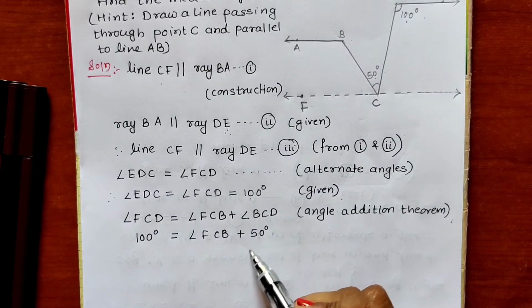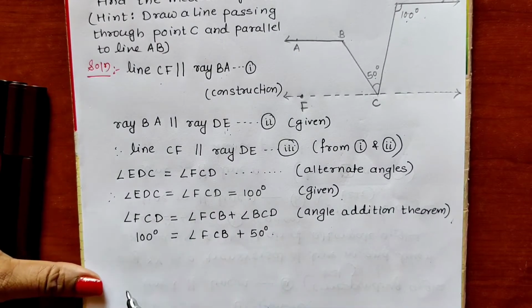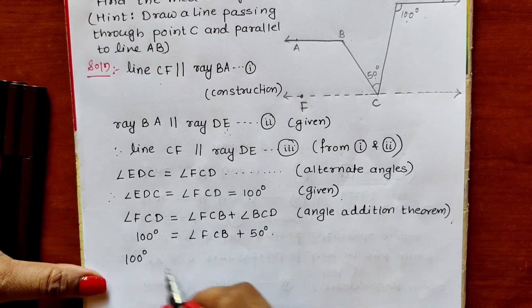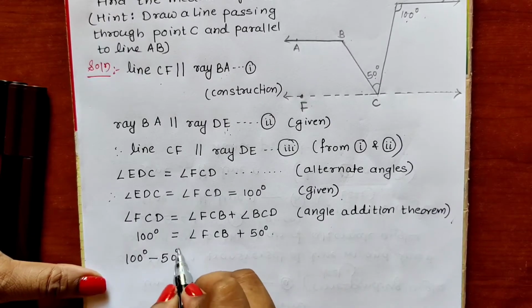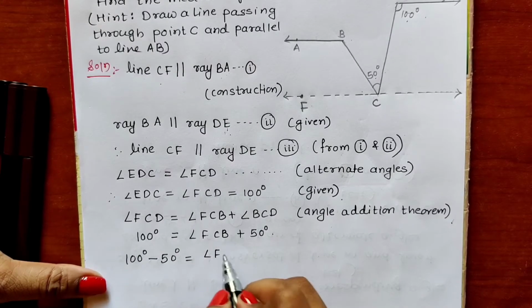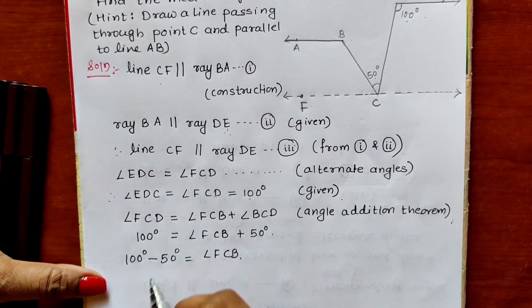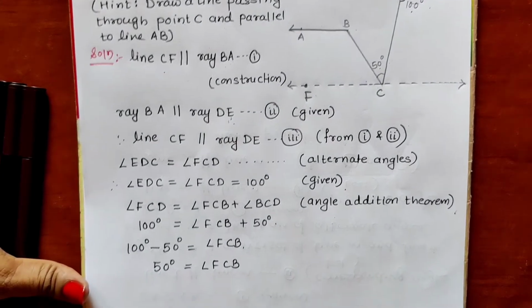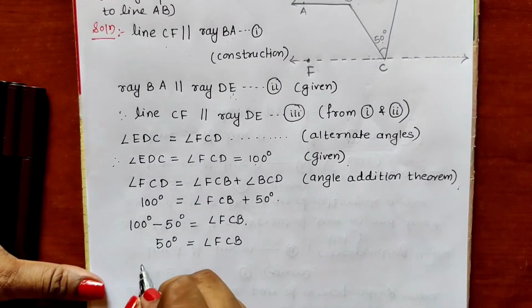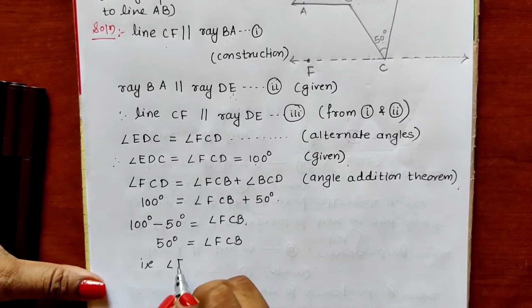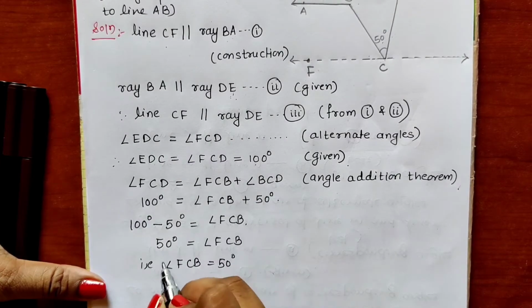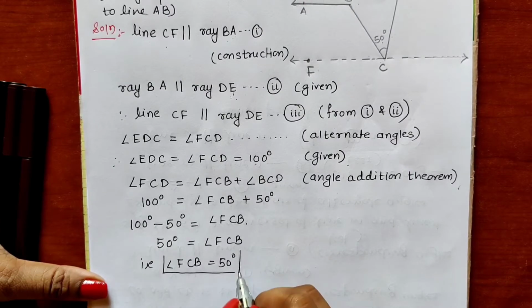Now this plus 50 degree I can bring from right to left. 100 as it is, this plus 50 will become minus 50 is equal to angle FCB. So 100 minus 50 is 50, that is angle FCB is equal to 50 degree. Okay, so FCB we have got.